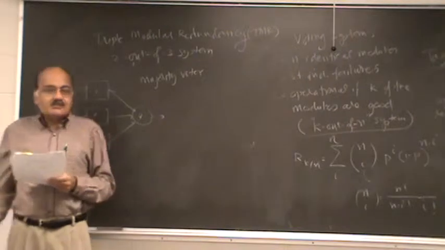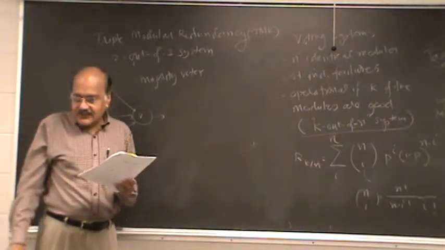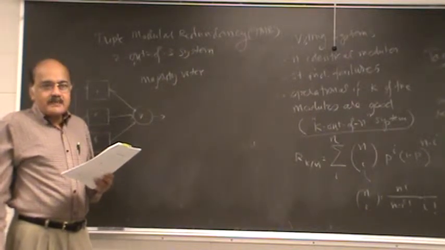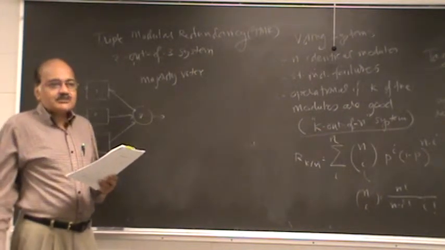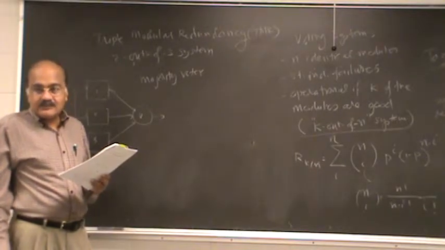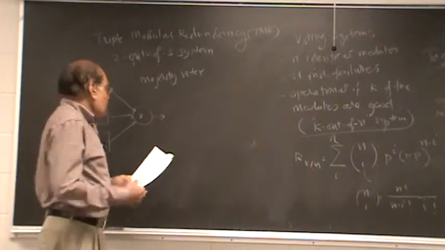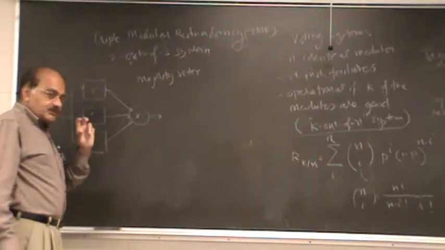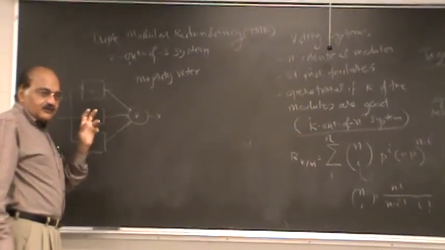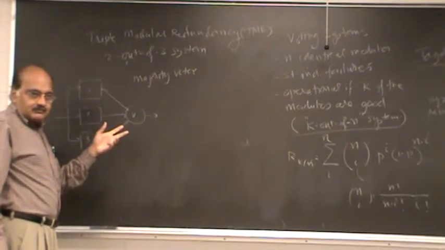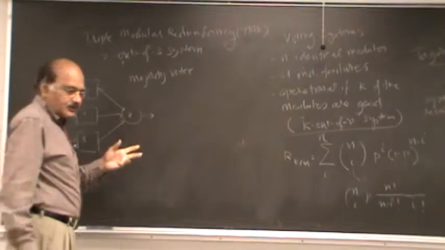Triple modular redundancy is used in some highly reliable systems, for example autopilots of planes. They want a very high degree of reliability, because with triple modular redundancy, if there is a brief failure, it will simply be masked, and there would be no interruption in service.